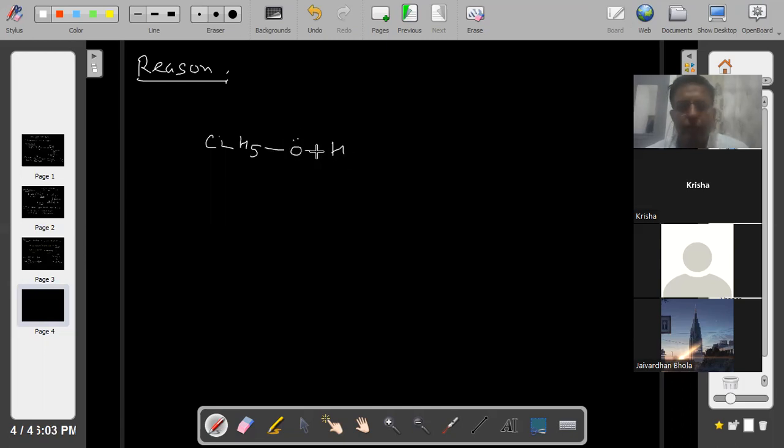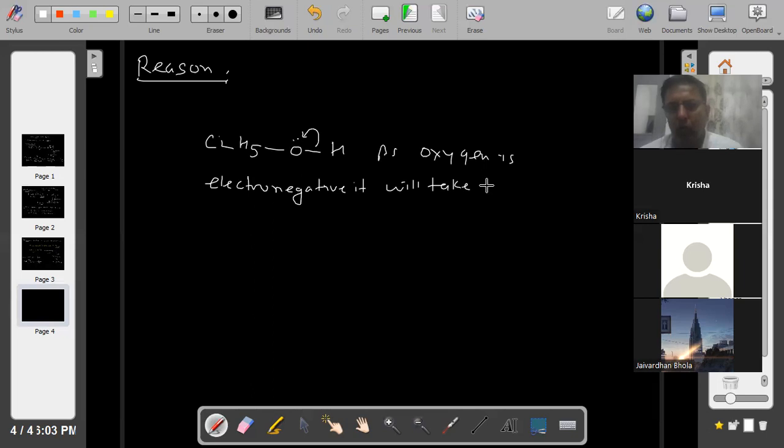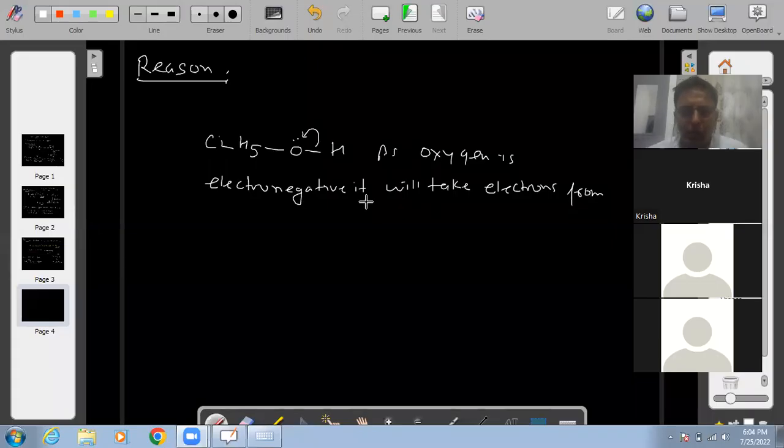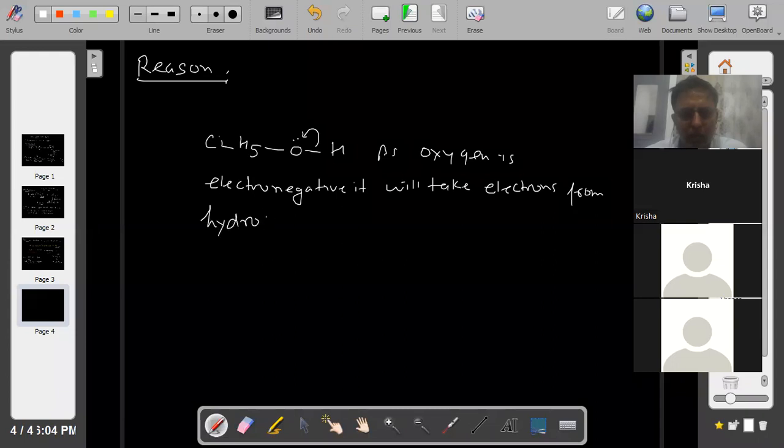As oxygen is electronegative, it will take electrons from hydrogen and get polarized due to the inductive effect.